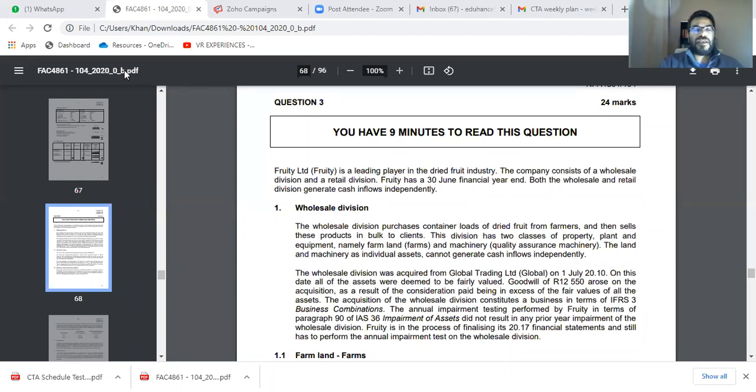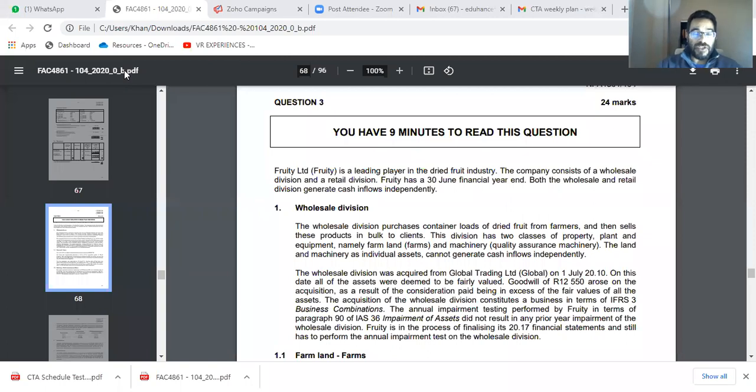Now, in most cases, the big part of the question is most likely going to be impairment. Probably 50% of the paper, 20 to 25 marks of the paper, will be impairment. And then within the impairment calculation, you're going to apply principles of IAS 16 PPE and IAS 38 intangible assets.